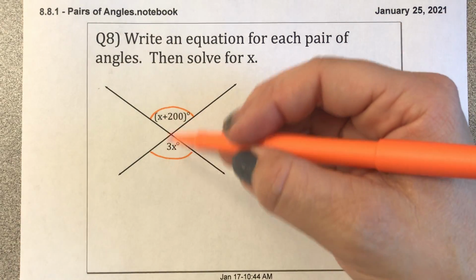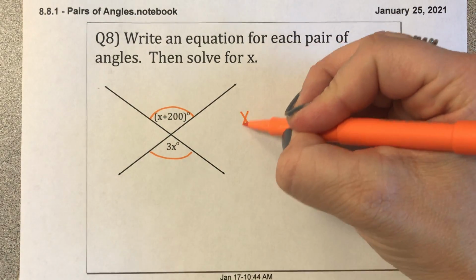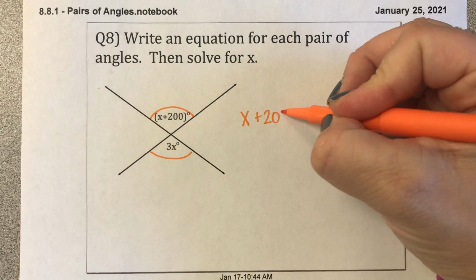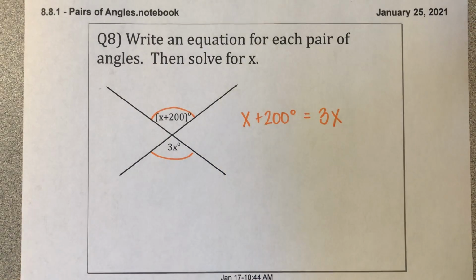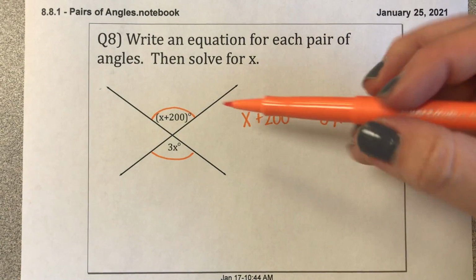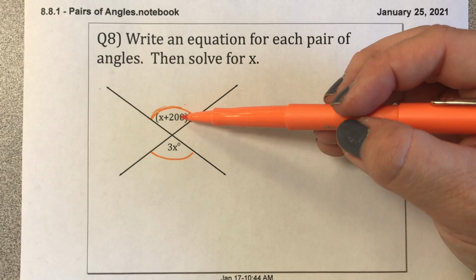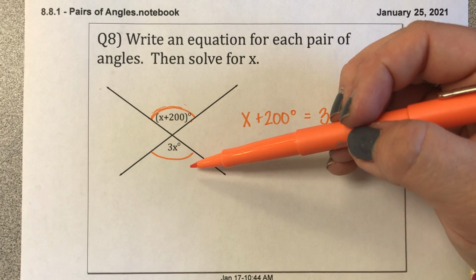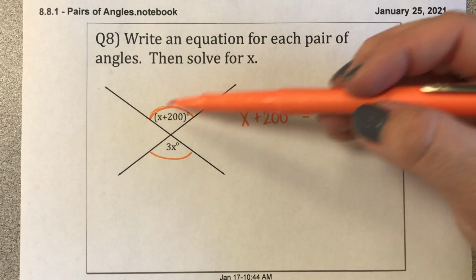They are vertical angles, which means they are the same. So whatever x plus 200 degrees is, it has to be the same as 3x, correct? If this is 500, this angle would have to be 500. That doesn't make sense because that's way too big.